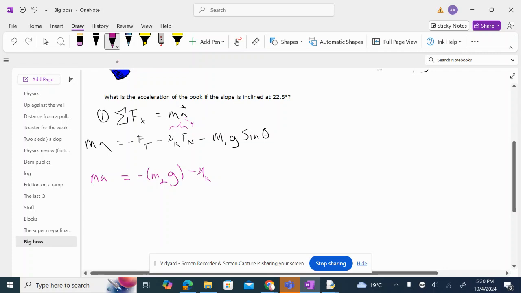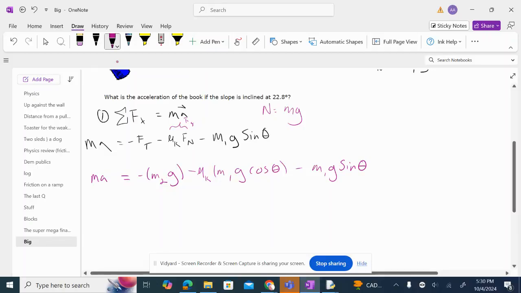We're going to have to multiply it. Usually the normal force is mg, but because we're on an incline, we have to do m1g cos theta, because again, we're on an incline. And then we're going to be subtracting m1g sine theta.